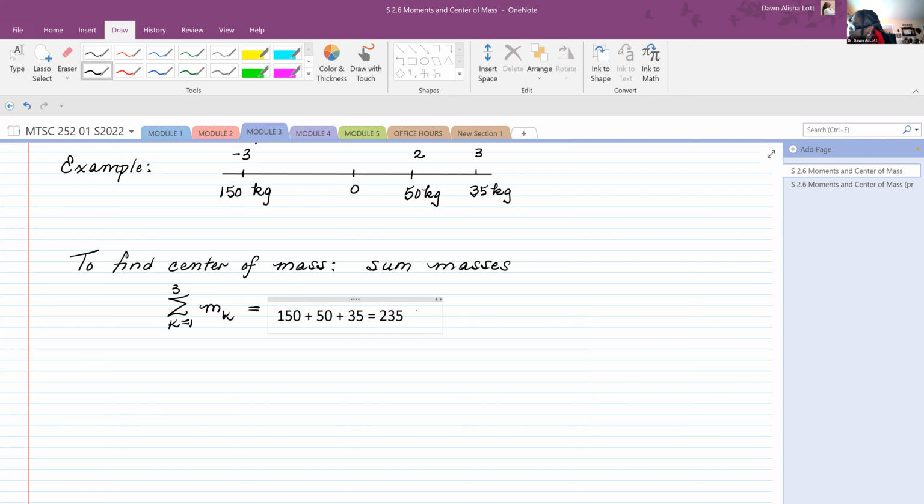So I get 235 kilograms. Okay, so then I need to find the system moment.